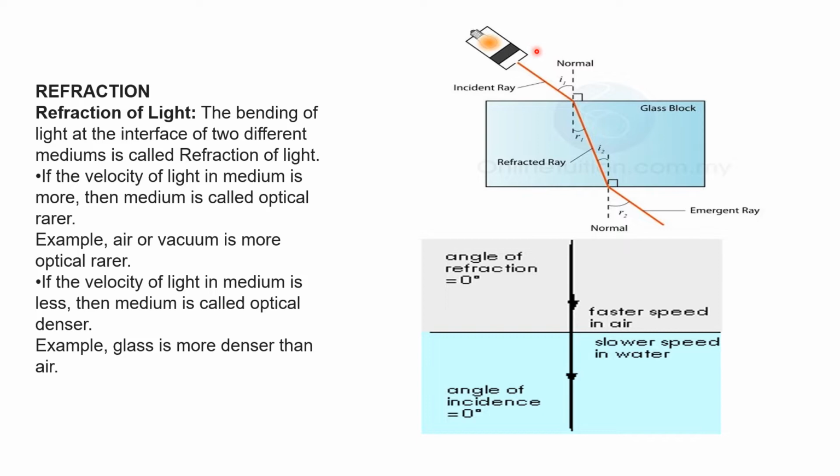Whenever I say rarer medium, it is an optically rarer medium, and this is an optically denser medium. So when light moves from rarer to denser medium, light bends towards the normal.